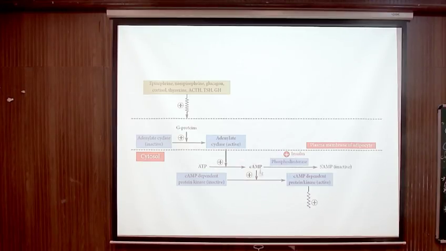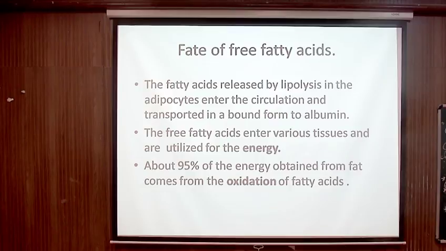So, cAMP levels will be decreased, thereby inhibiting lipolysis. Okay. Now, what happens to these free fatty acids that are released? We have seen that whatever triacylglycerol is stored in the adipose tissue will be degraded into fatty acids and glycerol. So, what happens to these fatty acids which are released by lipolysis?